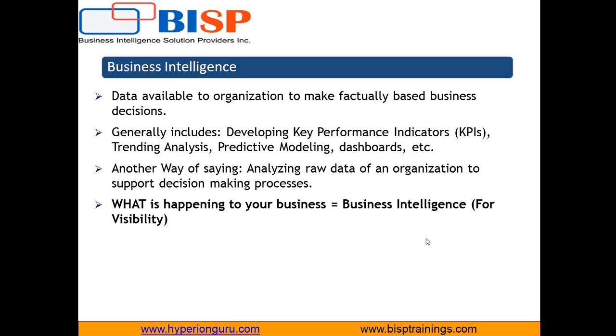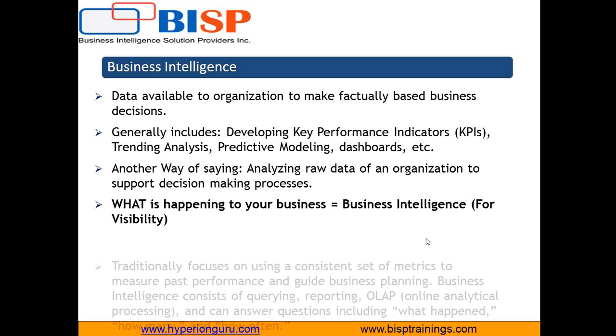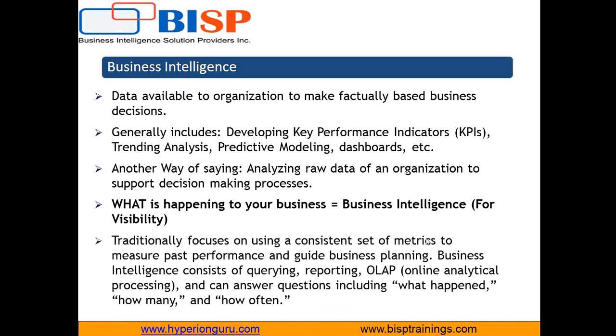So business intelligence is a stream which helps in understanding what is happening in your business, and it gives you facts and algorithms to support your decision. It traditionally focuses on using a consistent set of metrics to measure past performance and guide business planning. Business intelligence consists of querying, reporting, OLAP, online analytic processing, and can answer questions including what happened, how many, and how often.